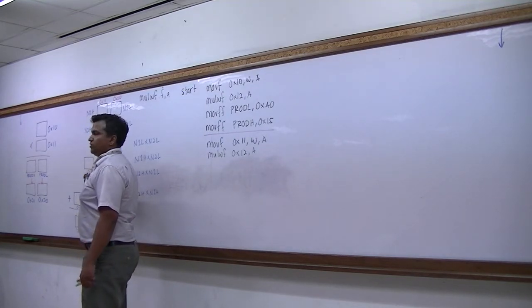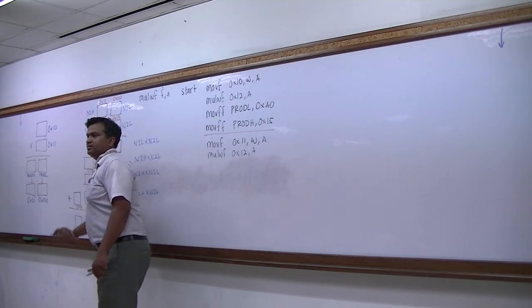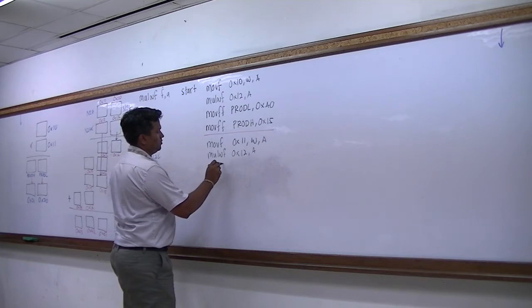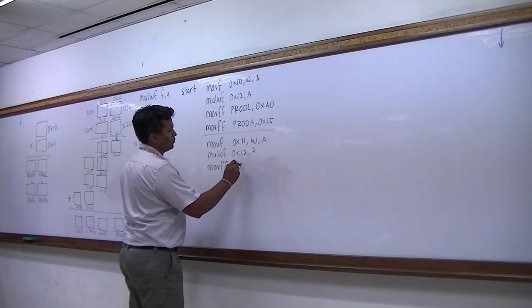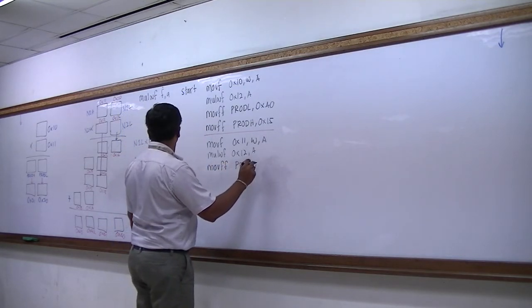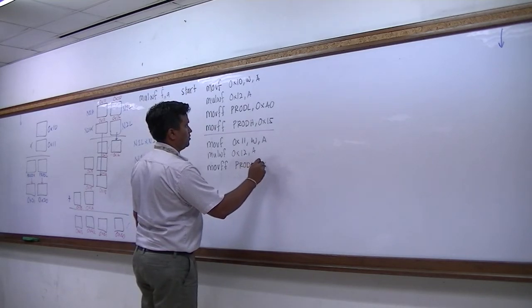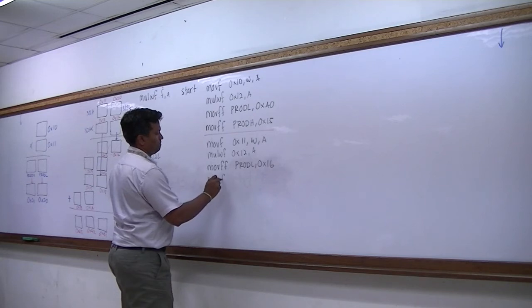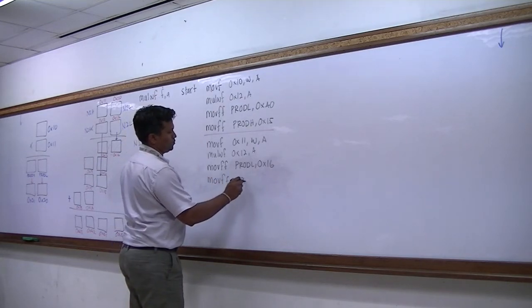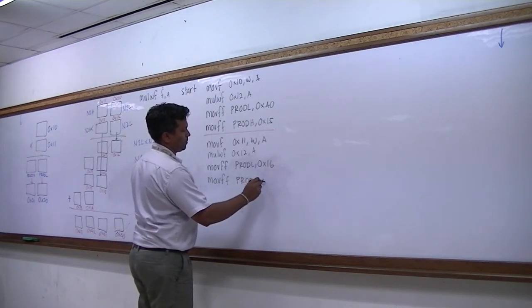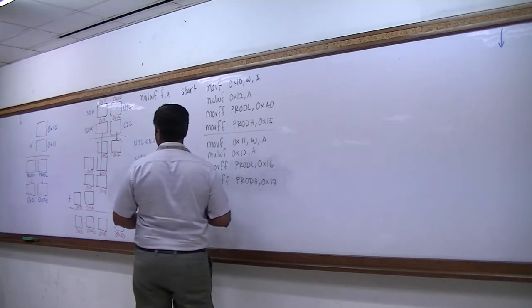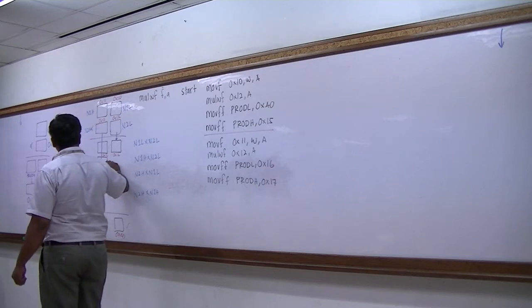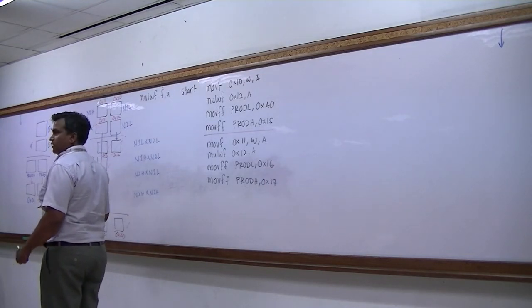Product high is supposed to be shifted to x17. Is it okay? So you have loaded the value inside here and also inside here.